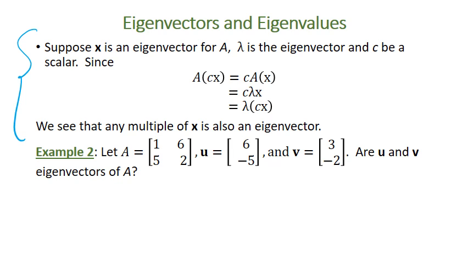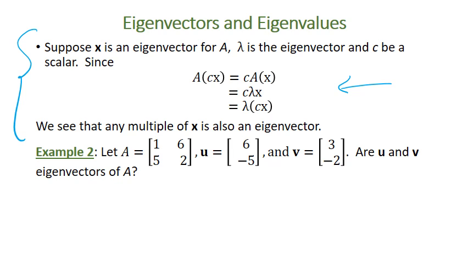Okay, so you can look at this if you want. But let's see what I mean here. So I have a matrix A and vectors U and V, and we want to know if vectors U and V are eigenvectors of A.